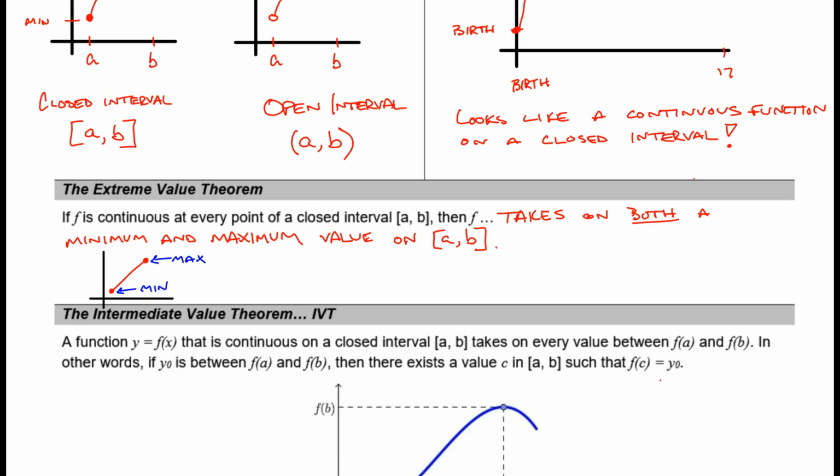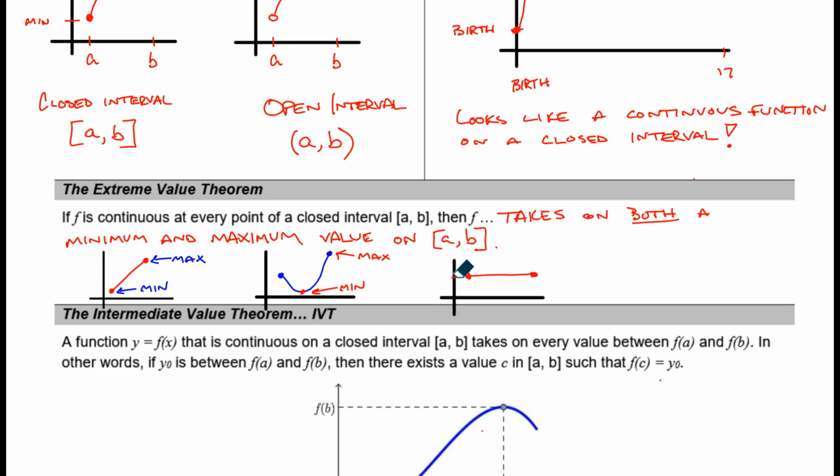Now, what if we have a function that does something like this? Well, my max is there, but my minimum would be down here somewhere. And notice I'm sketching functions that are defined and continuous on a closed interval. What about this one?